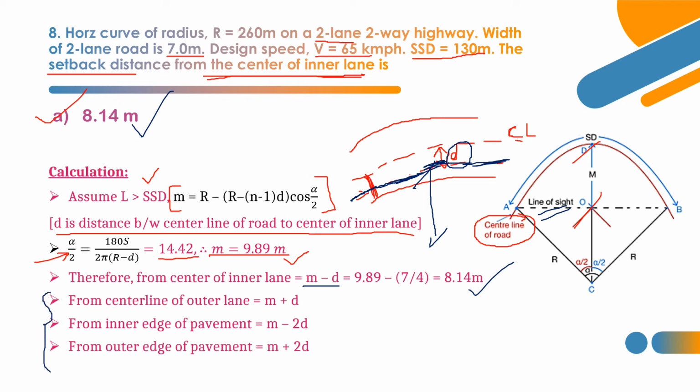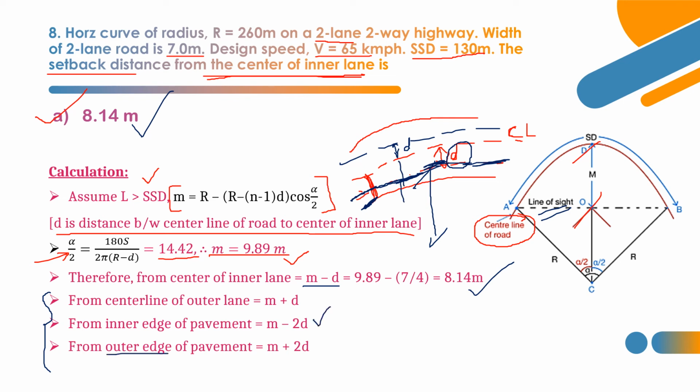So what about other cases? If it is asked for the center line of outer lane, then m plus d. So this is the center of outer lane, so here one small d will be there. That's why m plus d. When it is asked for the inner edge, then we have to subtract two d's, here one d and here one d, so that's why minus 2d.